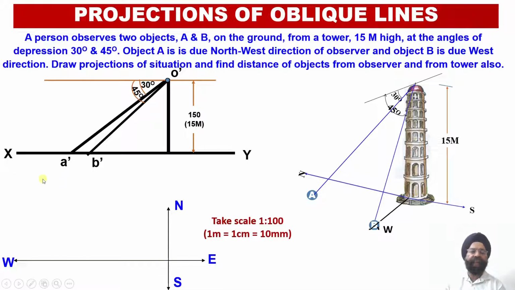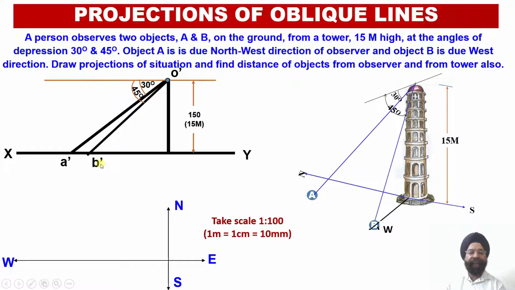Another thing we know, from the basic fundamentals of projections of a point, is that wherever point A dash, that is point A in the elevation, is located, onto the vertical projector line we will obtain the top view projection of point A, just below the projection corresponding to point A dash in the elevation.